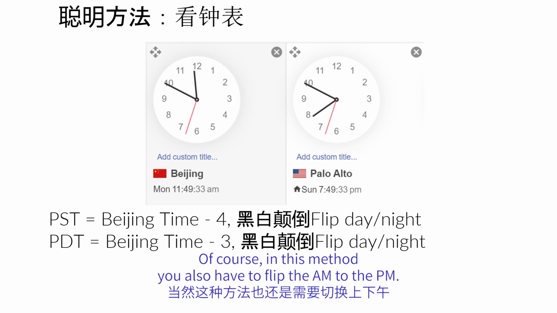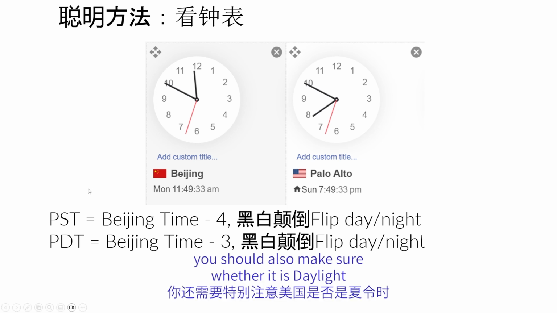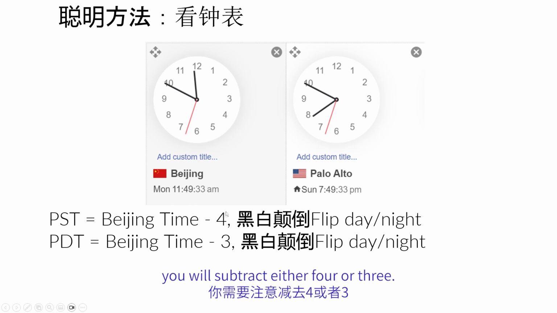Of course, in this method, you also have to flip the AM to the PM. However, in most cases, that isn't very important. You should also make sure whether it is daylight saving time or not in America, because depending on that, you will subtract either 4 or 3.